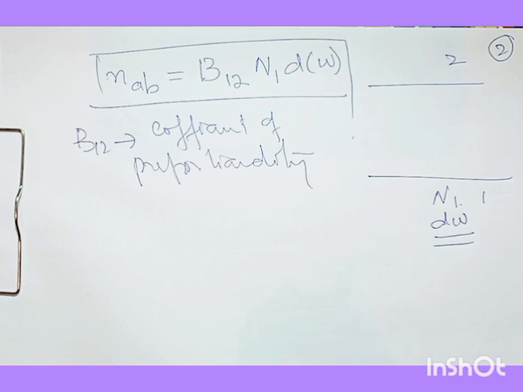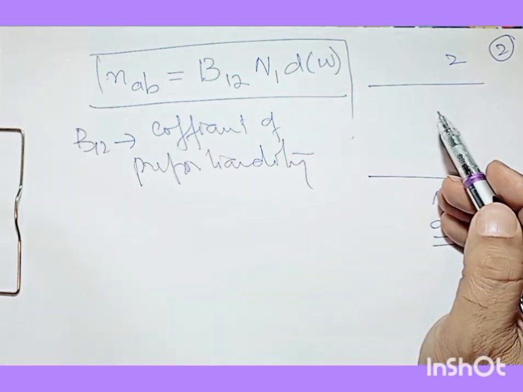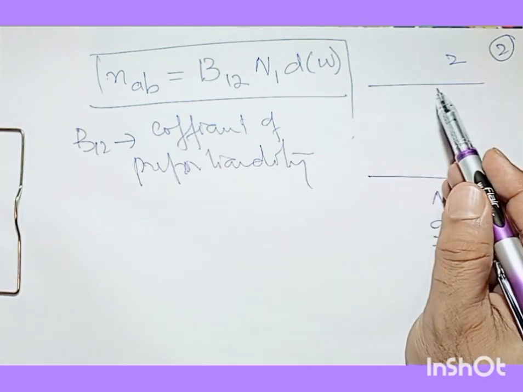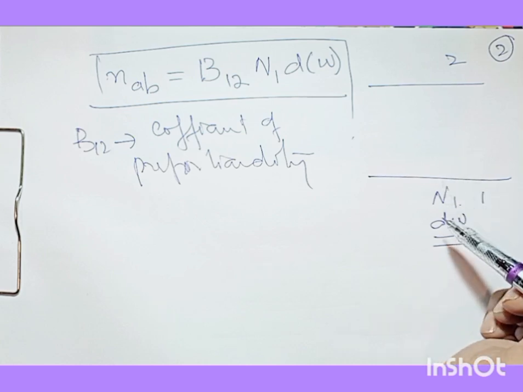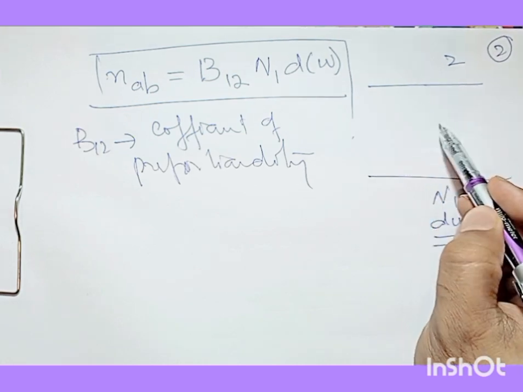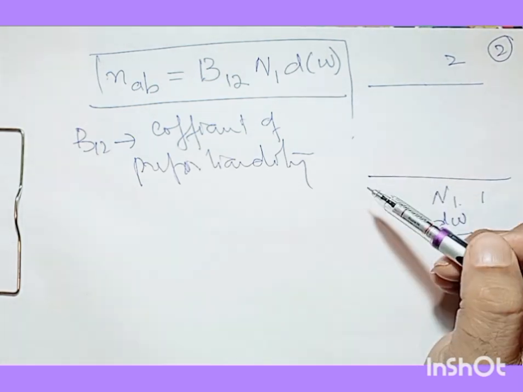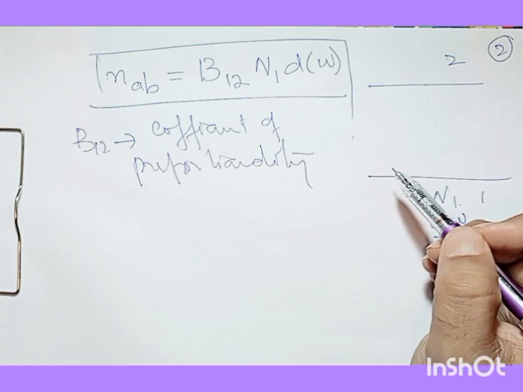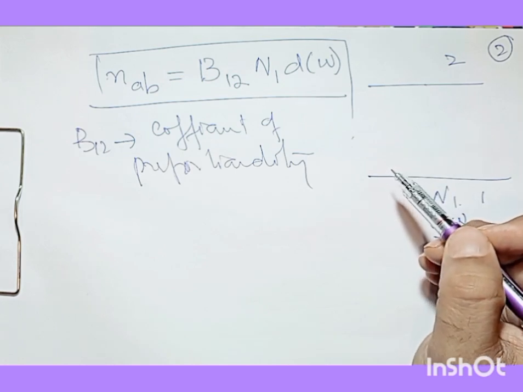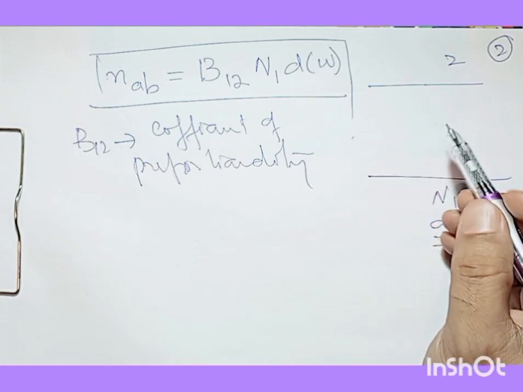And now, when the atom is in excited state, in the state 2, it can make a transition to the lower state 1 through the emission of radiation, and in two different ways. The first one is what we call spontaneous emission.